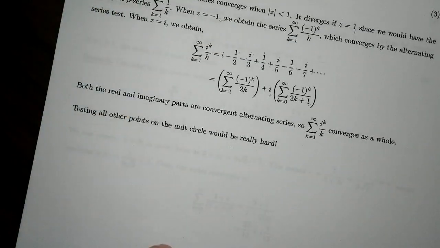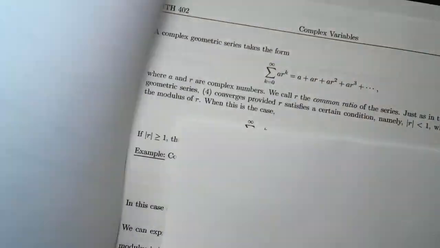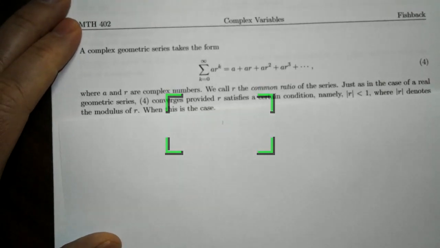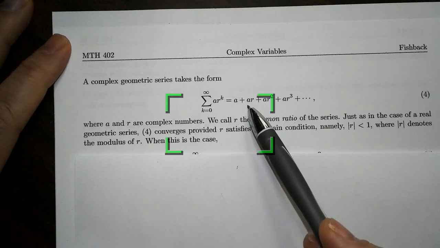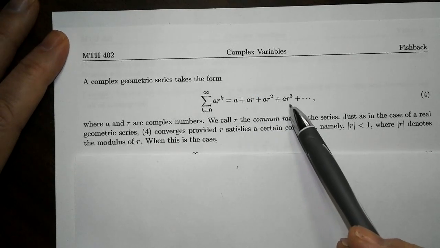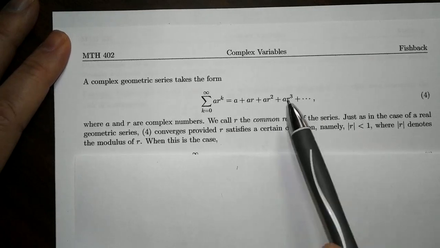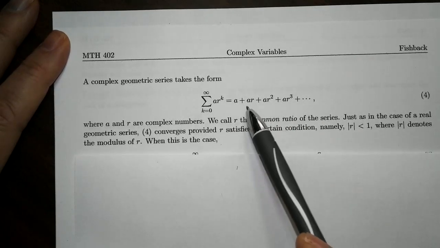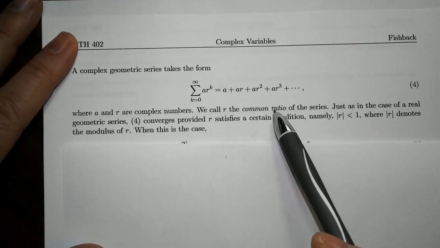Okay, let us now talk a little bit about what are known as geometric series. A complex geometric series takes the form a plus ar plus ar squared plus ar to the third, and so on and so forth. It is exactly the same formula that we see in the real setting, except now we allow a and r to be complex numbers.